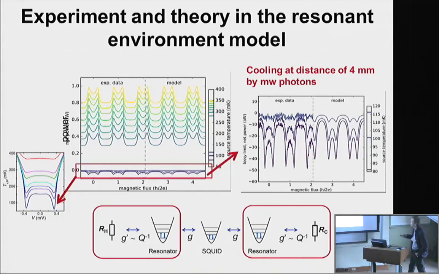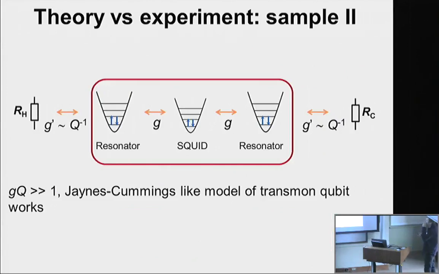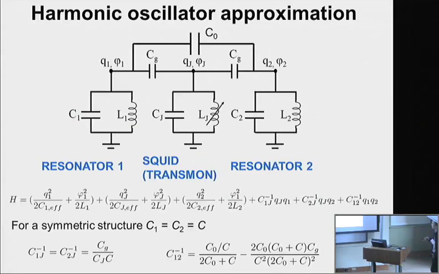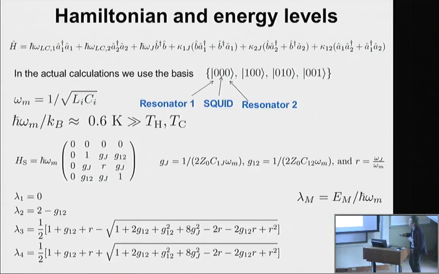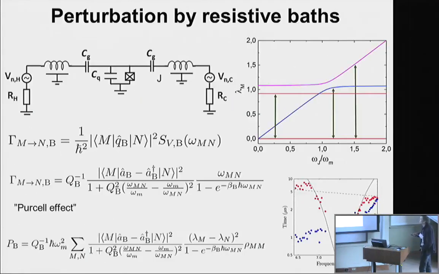But then in the other experiment, what we had to invoke is that we assume that the two resonators and the SQUID of the qubit form essentially a three harmonic oscillator system, which is weakly coupled to two of these baths here. So it's like a Jaynes-Cummings-like model for this qubit, and it works when this coupling here times the quality factor of the qubit is larger than 1. Doing this consistently, I don't have time to show the details.